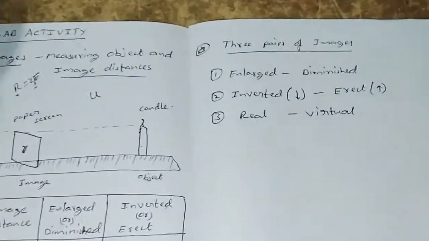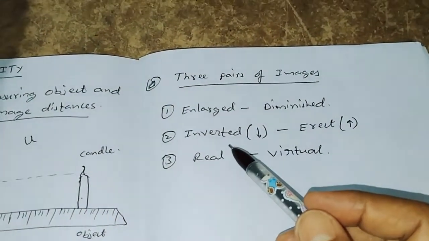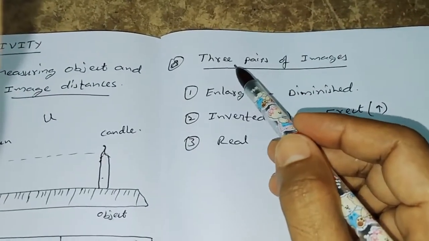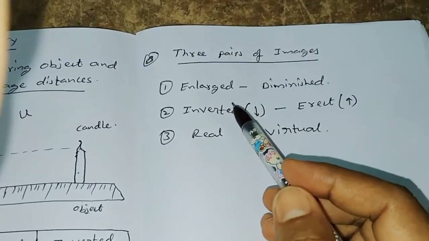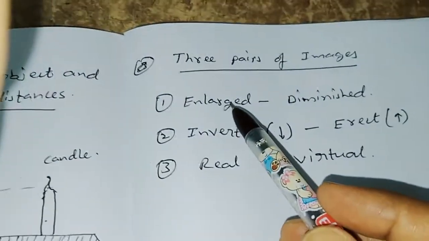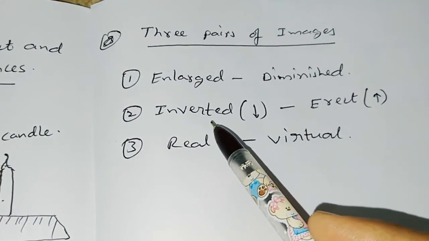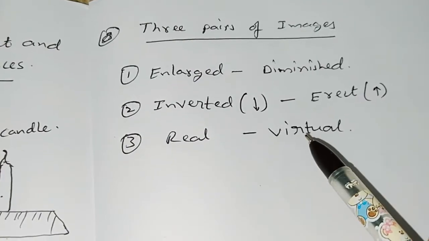So how can we classify the images? We have three pairs of images. What are they, sir? Number one, enlarged and diminished. Second pair, inverted and erect. And third pair, real and virtual.